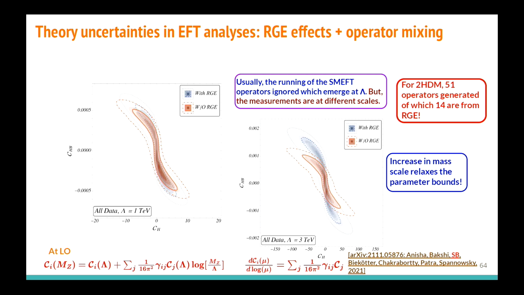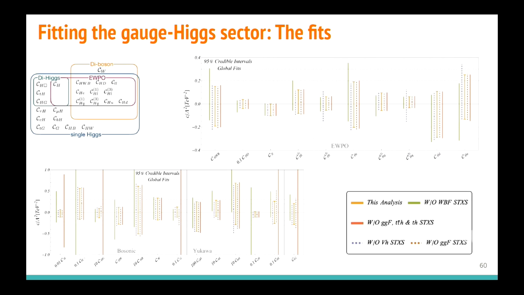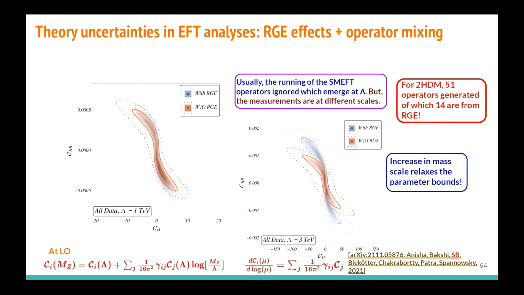So there is this big region, which is from the bottom up approach. So remember here I got these global fits. In the first lecture I showed on the board that there's a big region which comes from the bottom up approach. So this big region is coming from the bottom up approach, and what we have are small regions.